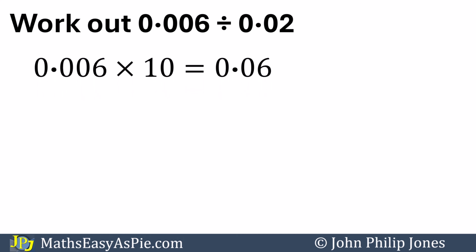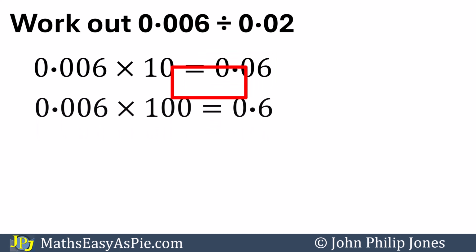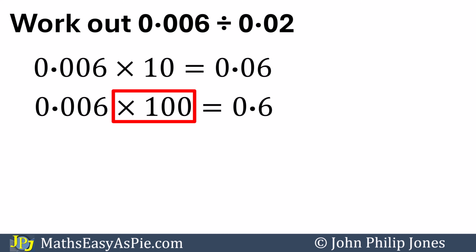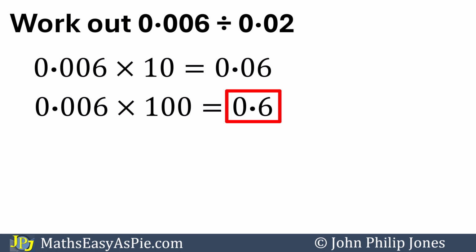In this example, you can see I'm taking 0.006 and multiplying it by 10, and you can see this is the answer, and the decimal point has been moved once. If we look at the next one, you can see I'm multiplying by 100, and the answer has resulted in the decimal point being moved twice.